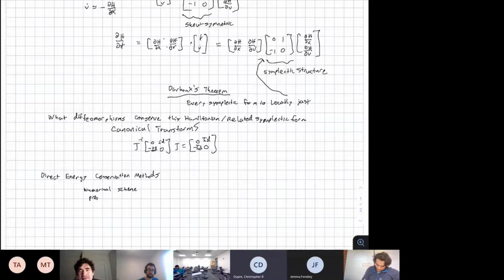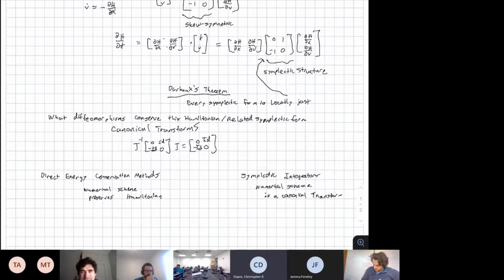There's a related class known as symplectic integrators, where the numerical scheme that you use is a canonical transformation. And actually proving that a numerical scheme is a canonical transformation is a lot easier than it sounds. Darboux's theorem really is an incredibly powerful resource that we have, so we can prove some remarkably strong statements.